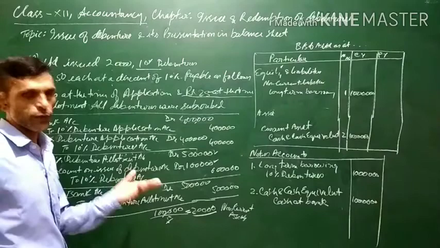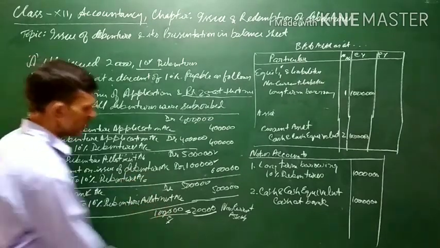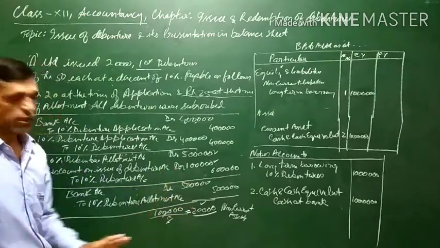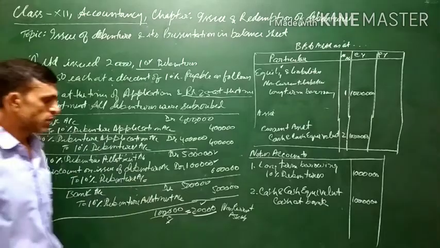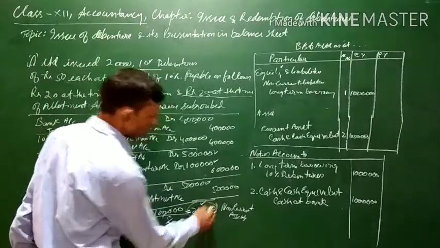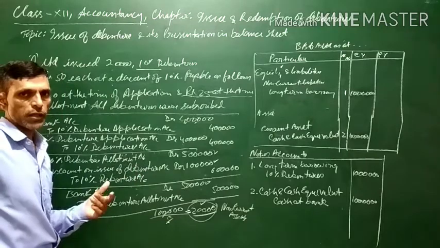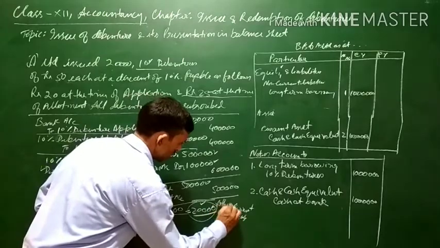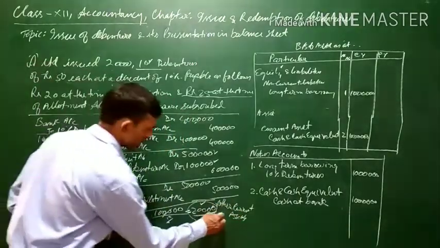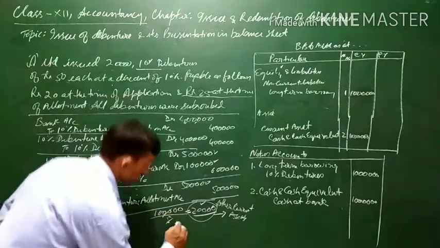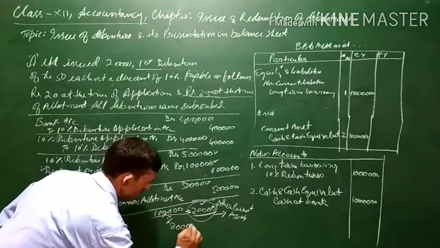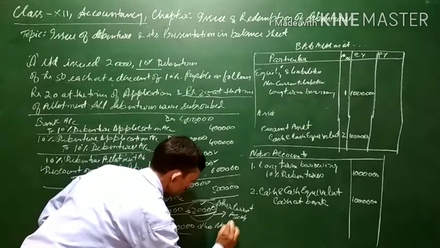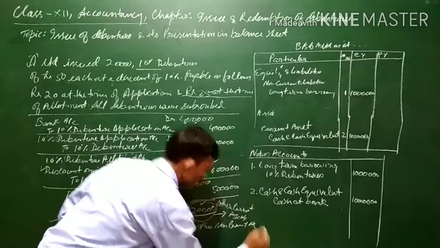Now, this is to be written off in 5 years. Means every year 20,000 of discount will be written off. So the part of the discount which will be written off during the coming 12 months will be treated as other current assets, and the remaining amount of 80,000 will be treated as other non-current assets.